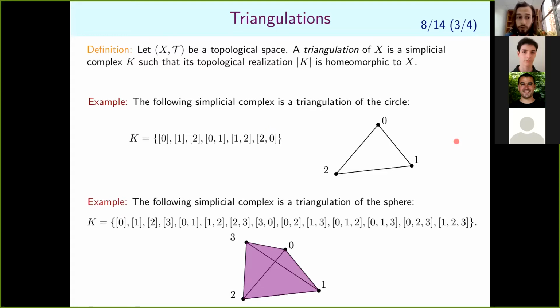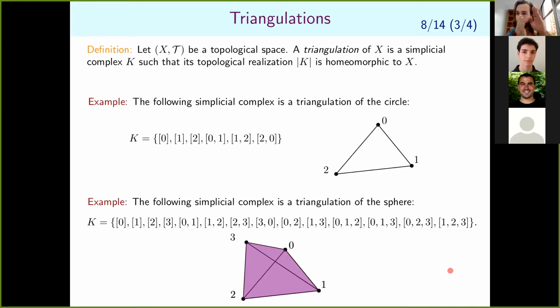An example of dimension 2, I want to triangulate the sphere of dimension 2, the sphere in R^3. It is simply this simplicial complex. I have 4 points that I represent in the space, and I consider all the subsets with 0 elements, 1 element, 2 elements, and 3 elements of the 4 points. And as you can see, I obtain a tetrahedron, an empty tetrahedron.